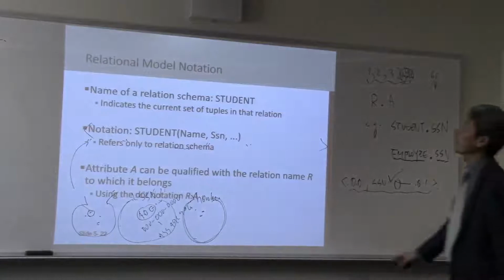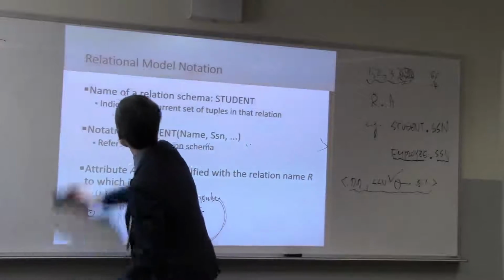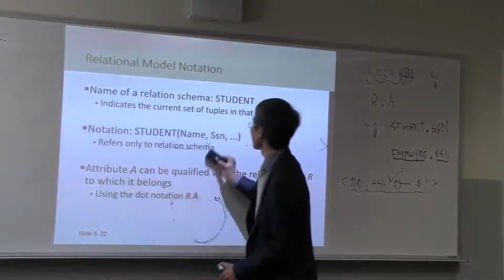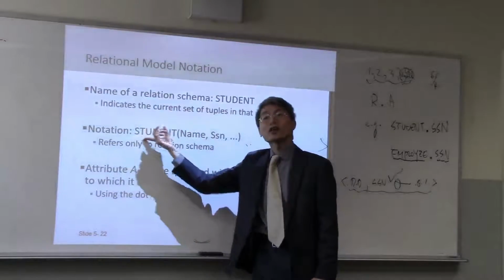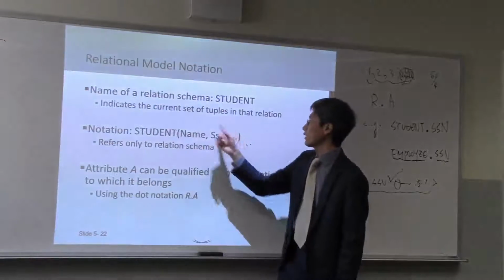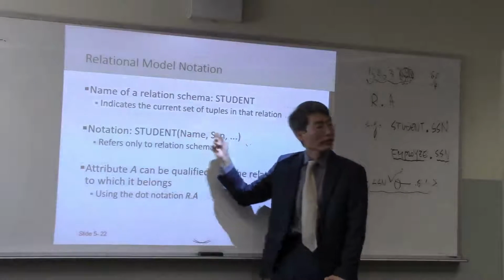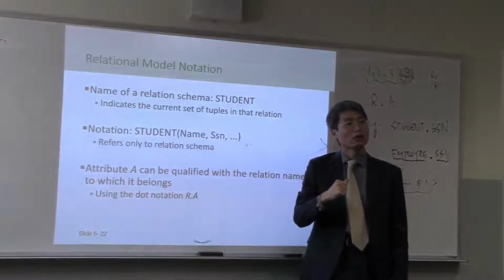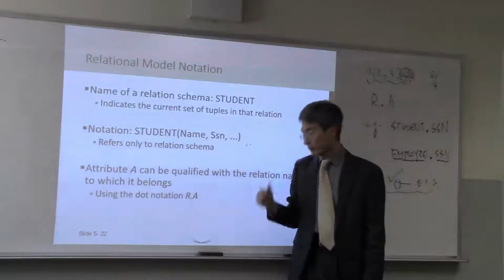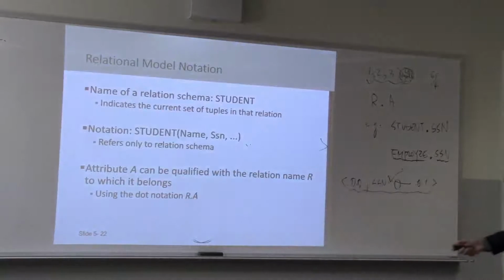So this is the example of the student relation. For the student relation, we use the relation name, and in the parentheses, we list the attributes using commas. We will see more after we cover this.